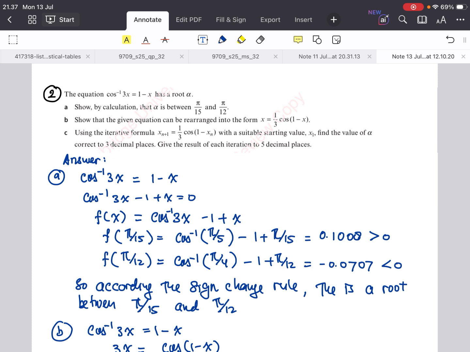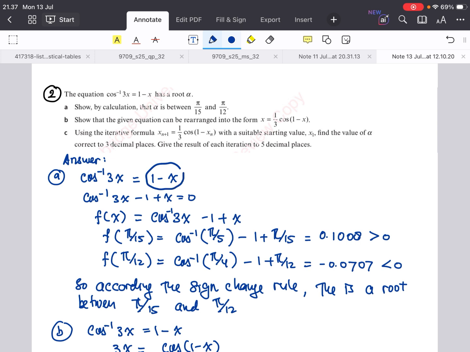So this is the second question. Question 2. The equation cos⁻¹(3x) = 1 - x has a root alpha. A. Show by calculation that alpha is between π/15 and π/12. I think it's the same as in question 1, but now we need to make one side become 0 first.